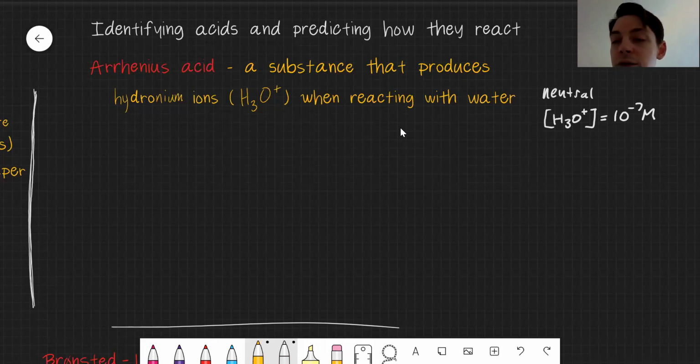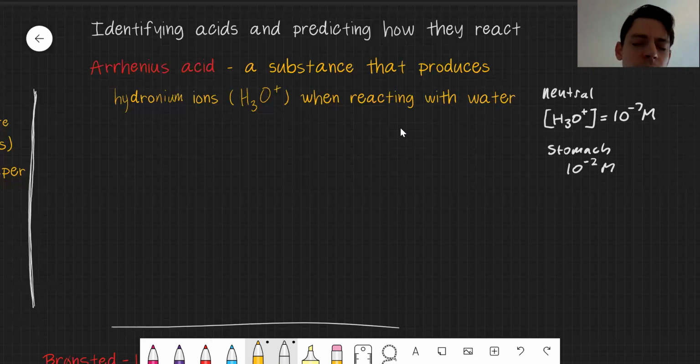Your stomach, for example, is around 0.01 molar, or 10 to the minus 2 molar. Much more acidic than neutral. And some substances that we might use in the lab might have a concentration of 1 molar or even higher. So let's look at how these substances actually produce H3O+ when they react with water.